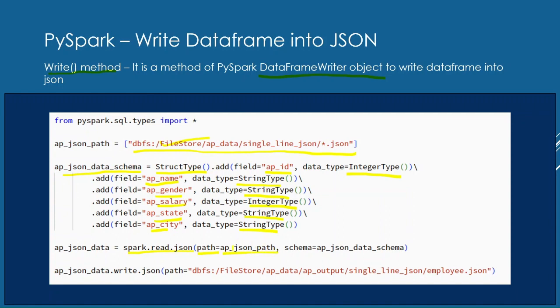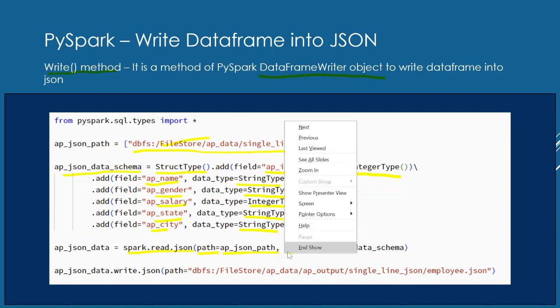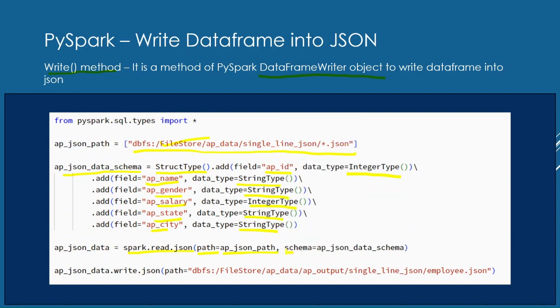This variable we have defined, and it stores the location of the JSON file which we are going to read. We are also using the schema parameter, and the value of this schema parameter is AP_JSON_data_schema. This is the custom schema which we have defined here. It has 5 columns with different data types.